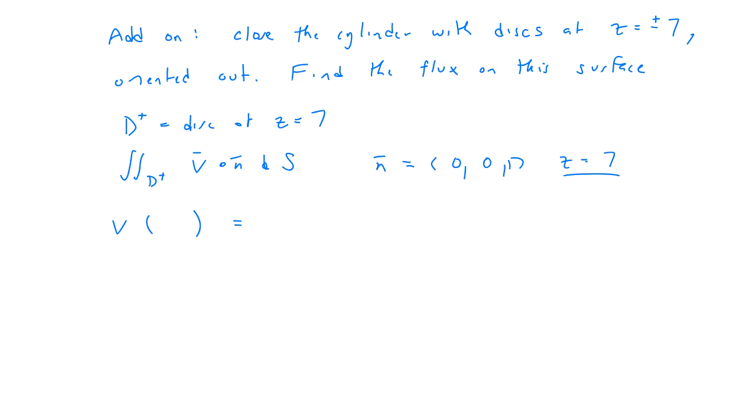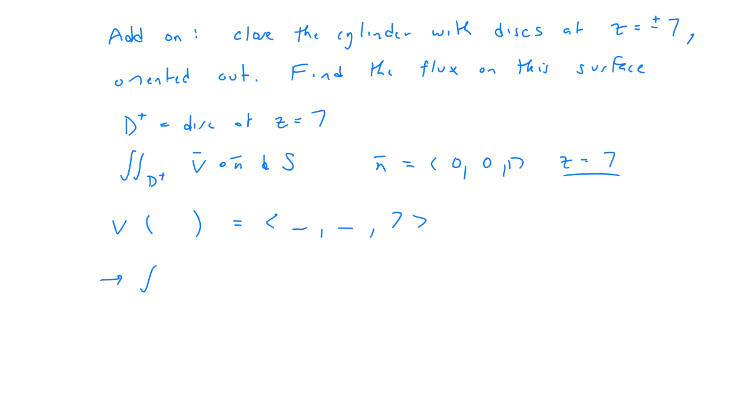The vector was negative y, x, z. I don't care. And z is 7. So officially, our parameterization would be something like x is equal to u cosine v, y is equal to u sine v, comma 7. But since we're going to take the dot product with 0, 0, 1, we don't care about anything except for that last entry.